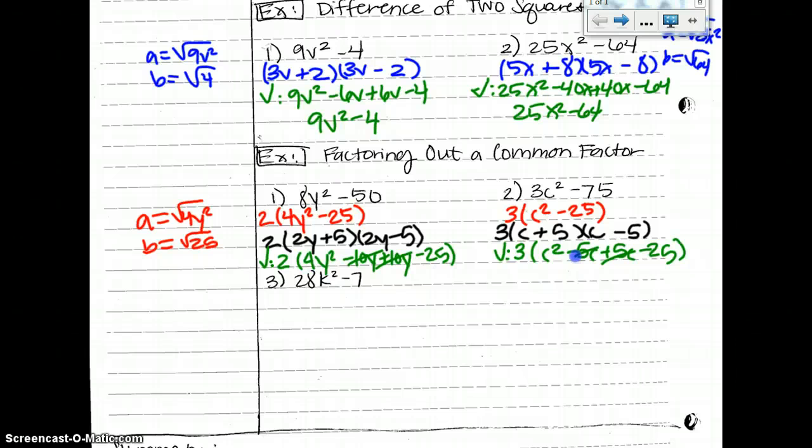The way you know if you need to factor out a common factor is if your a and b are not perfect squares. Otherwise, you do not need to factor out a number and it should work out for you. Okay, looking at the third example, 7 goes into both of those.